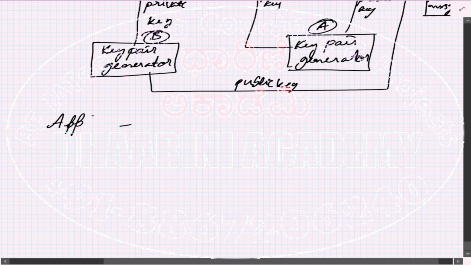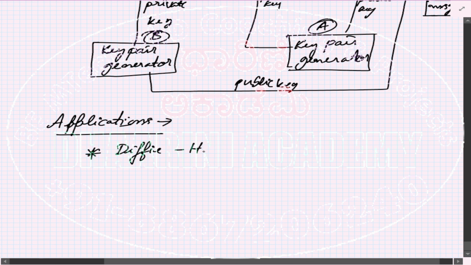Let's give the names. So where do you apply the applications of ECC? One is a very famous algorithm, the Diffie-Hellman key exchange.